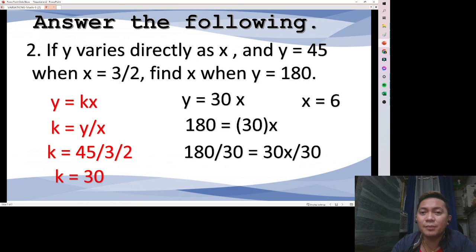That will become 180 divided by 30 is equal to 6. Then, yung 30x divided by 30, makakancel na si 30. X na lang matitira. Kaya, x is equal to 6. As you can see, mas mataas yung x ng 180 kesa sa 45. So, that's all for today.